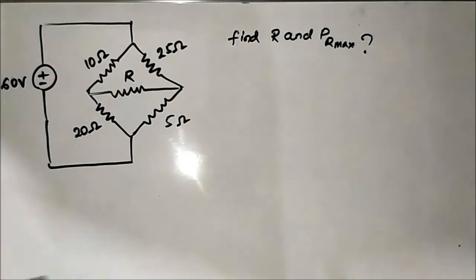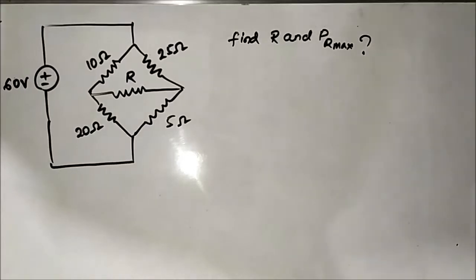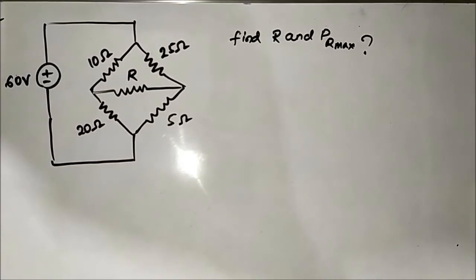So the usual Thevenin theorem approach we will go through that way, first finding VTH, then RTH, and then finding the maximum power transfer value.